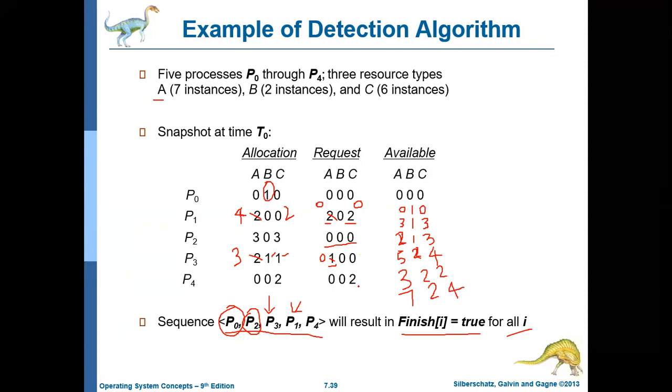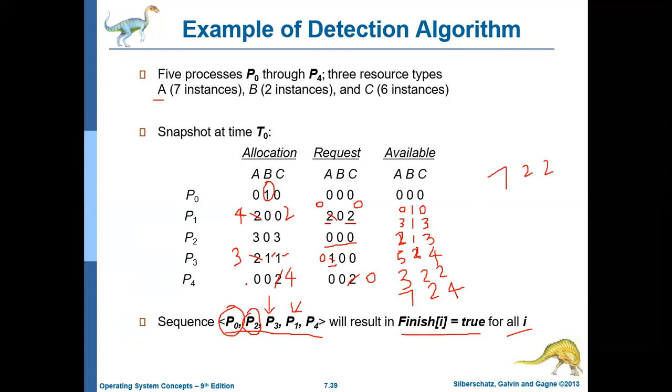Yes, because 002 is less than 7 2 4. If its request is granted, then this 7 2 4 will become 7 2 2, and this 2 will become 0, because the request is satisfied, and this 2 will become 4, because 2 more resources were allocated.